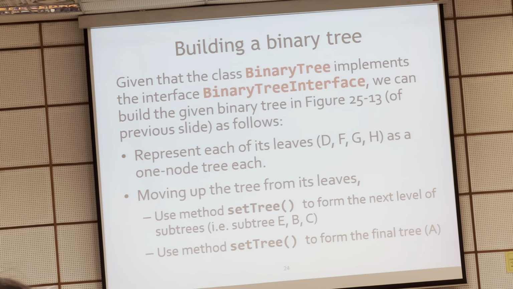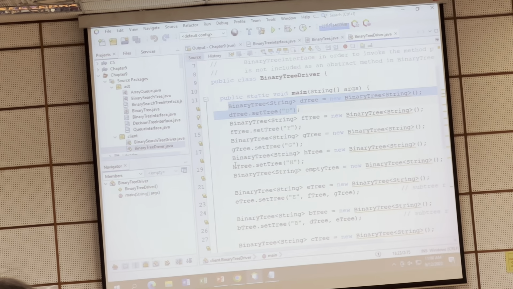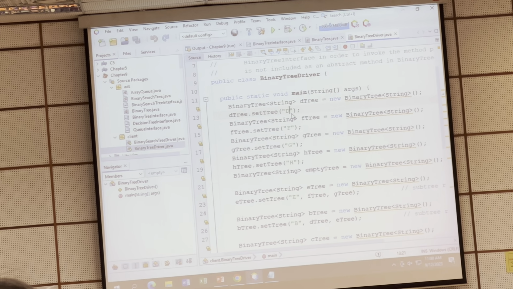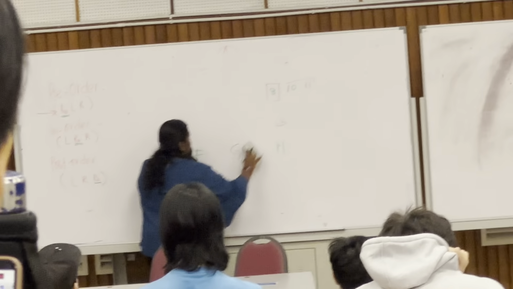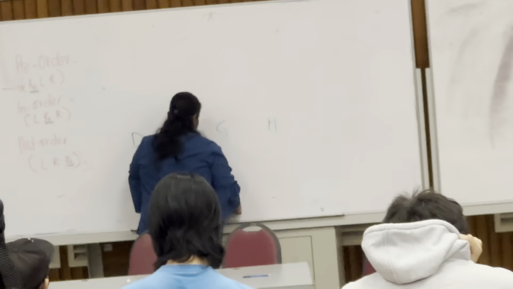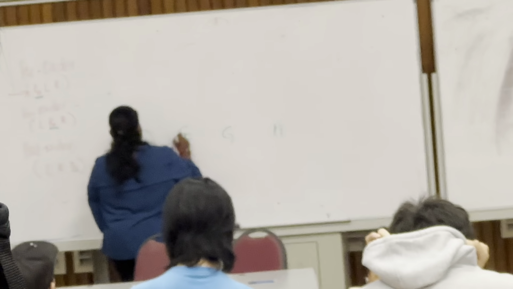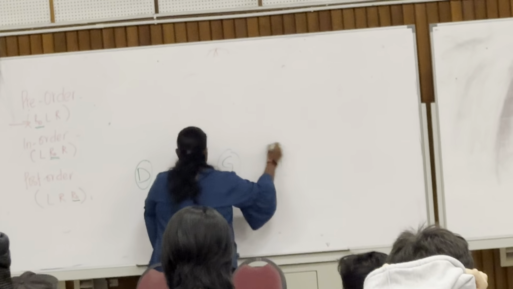So we have tree D, we set a tree with D. So we have D, F, G, and H. Each of it is a single node, not connected.